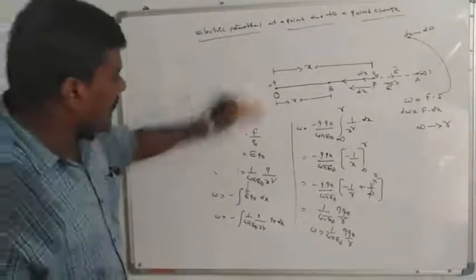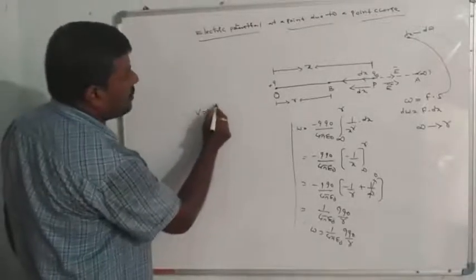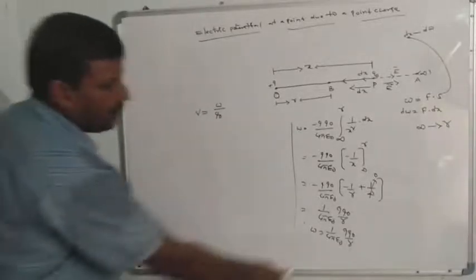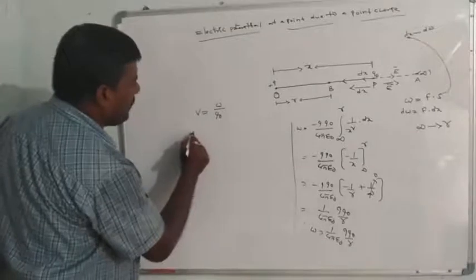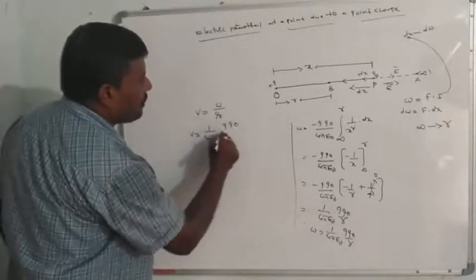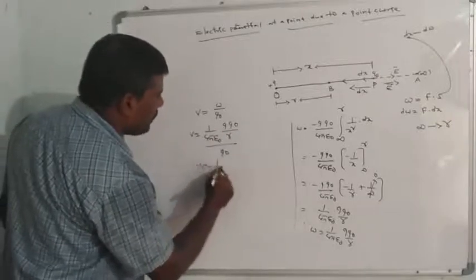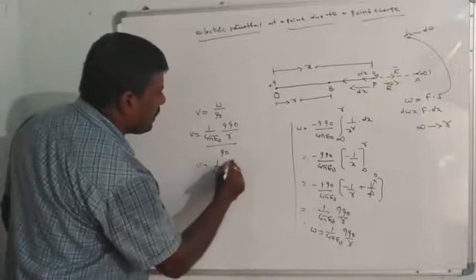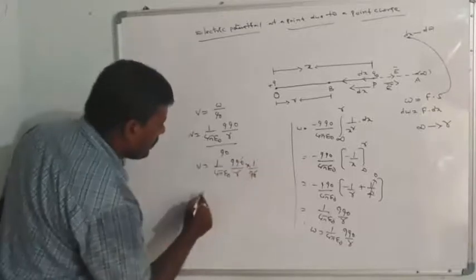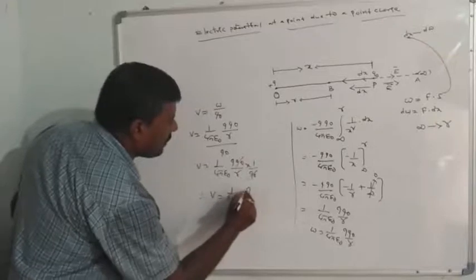Now calculate the potential. Potential V equals work done by test charge. Using the formula, V equals 1 by 4 pi epsilon naught q naught by r, divided by q naught, so V equals 1 by 4 pi epsilon naught into q by r.